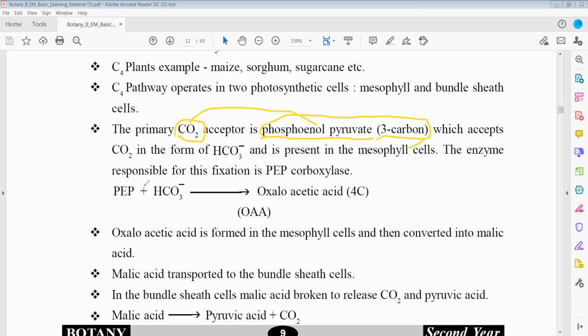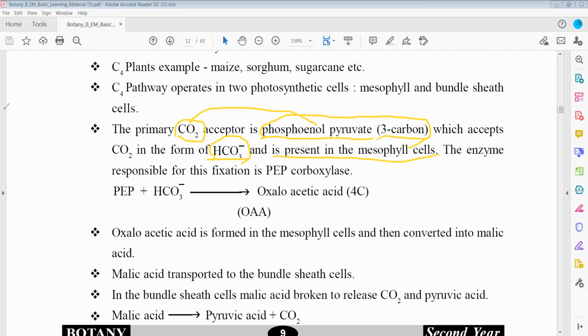It accepts CO2 in the form of bicarbonate, that is HCO3. HCO3 is present in the mesophyll cells.